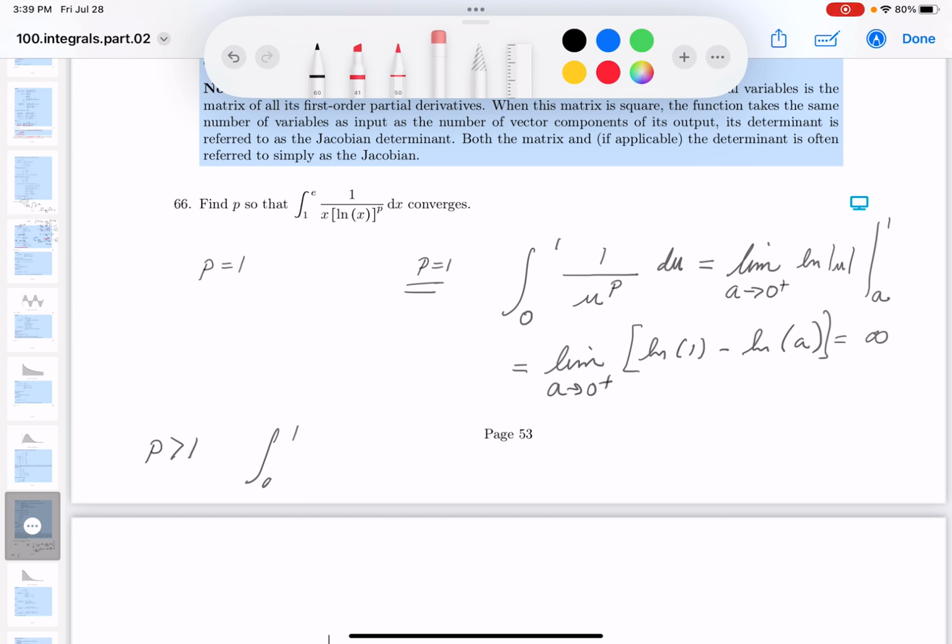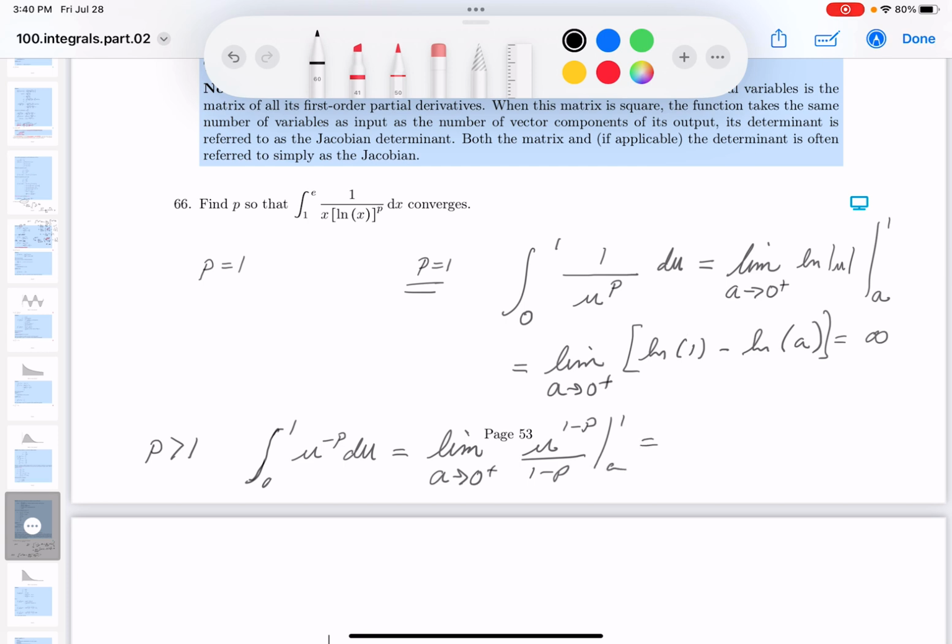That's going to be u to the minus p du, limit as a goes to 0 from the right side. This is going to be u. I'm going to increase the exponent by 1, so u to the 1 minus p over 1 minus p. And I've got to be real careful now. This is going to go from a to 1.